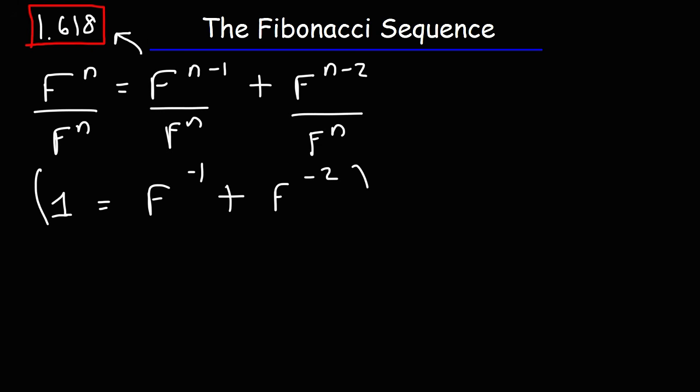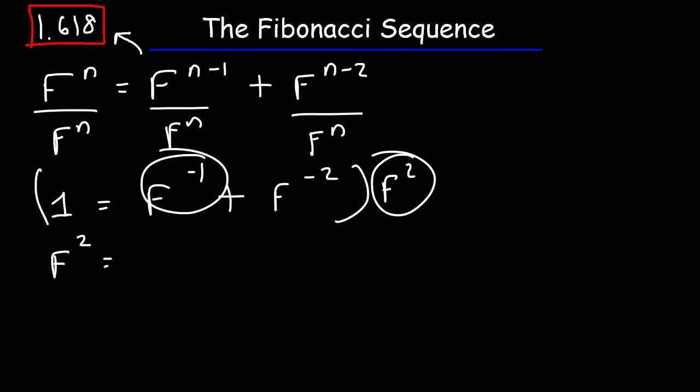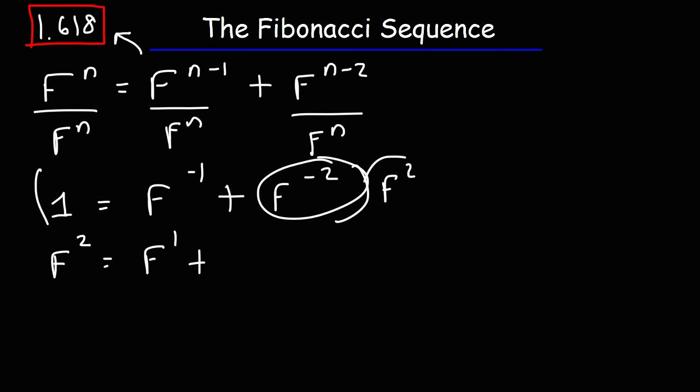Now I'm going to multiply every term by f squared. So this is going to be f squared is equal to f to the negative 1 times f squared. You need to add the exponents. Negative 1 plus 2 is 1. So you get f to the first power. And negative 2 plus 2 is 0. So that gives you f raised to the 0 power.